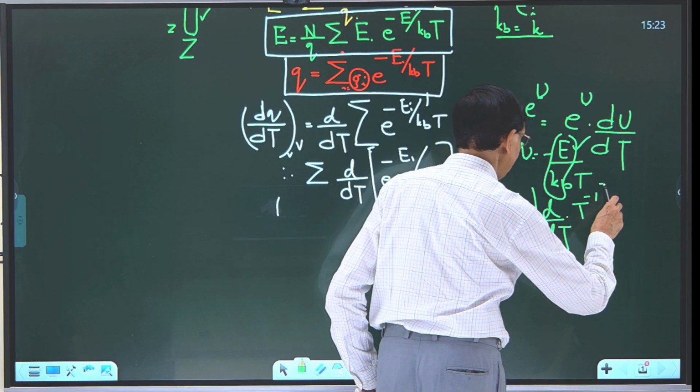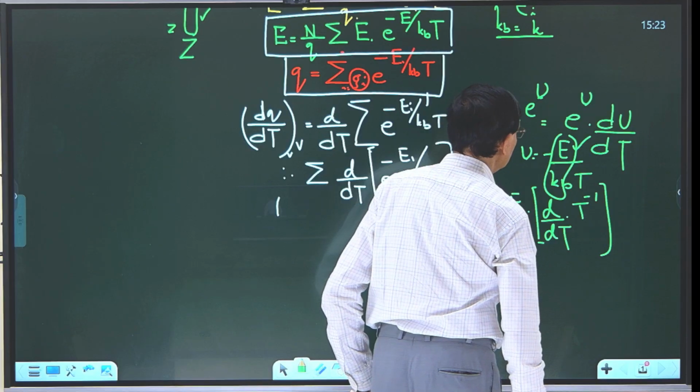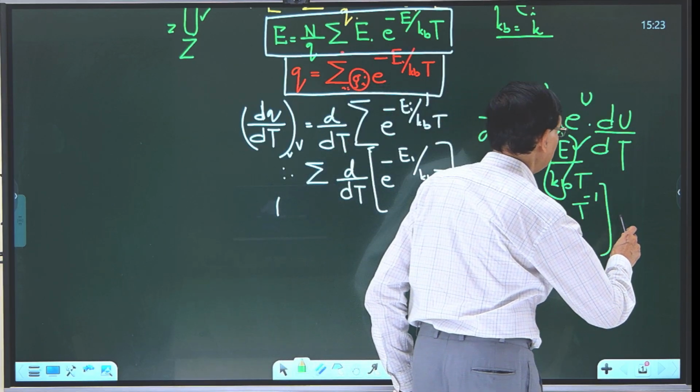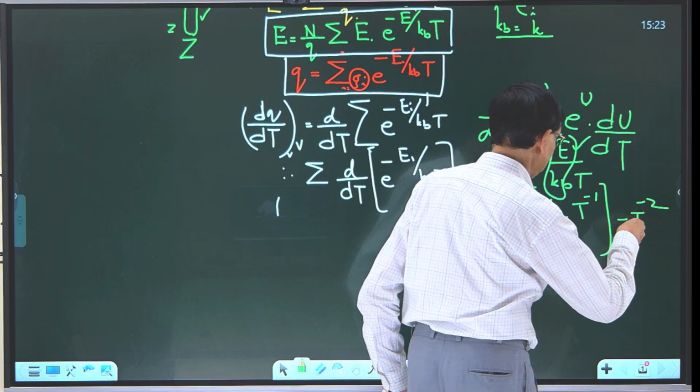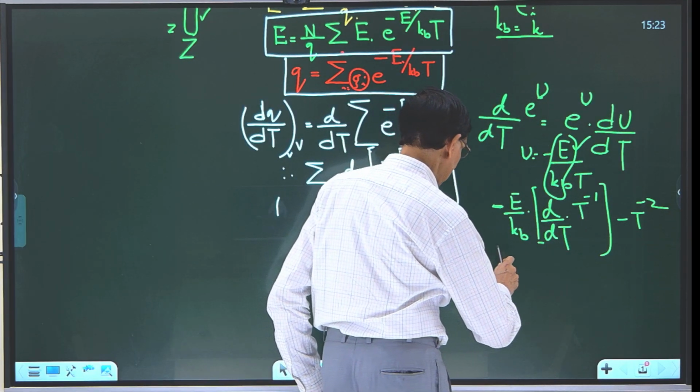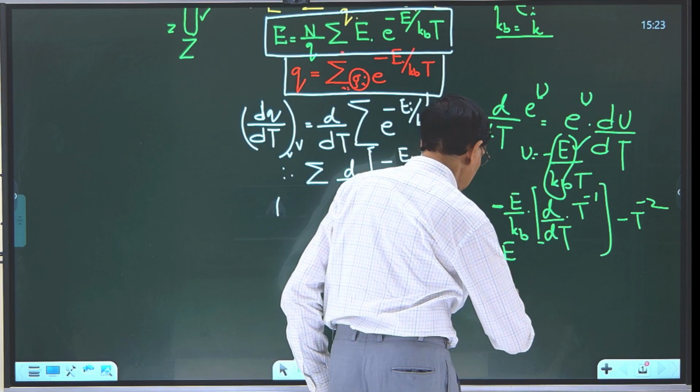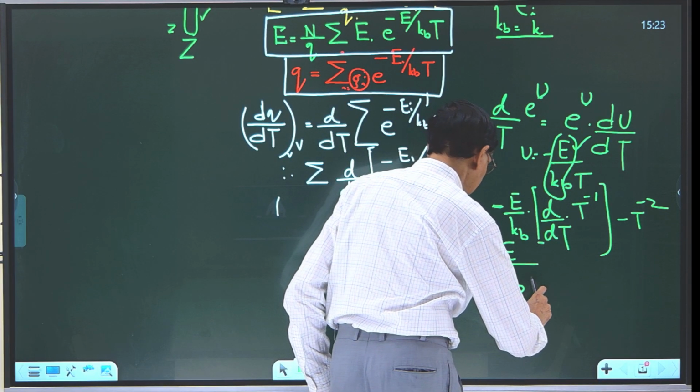You know the n rule, n x to the n minus 1, so minus T squared. Here is also a minus, so what I am getting is E divided by kBT squared.